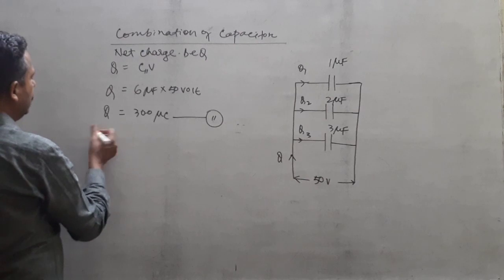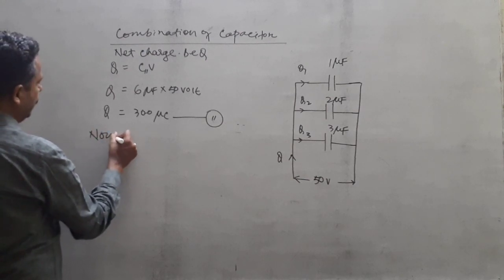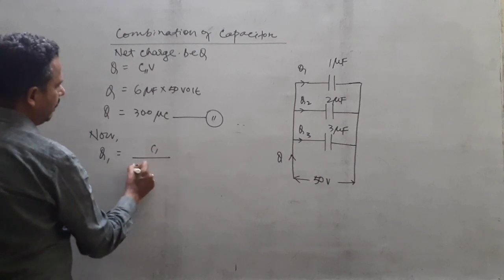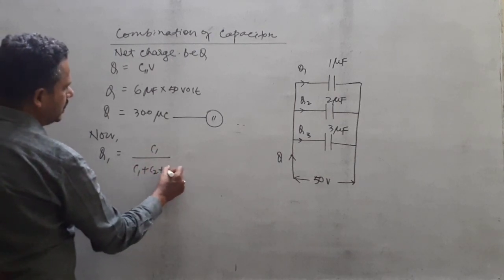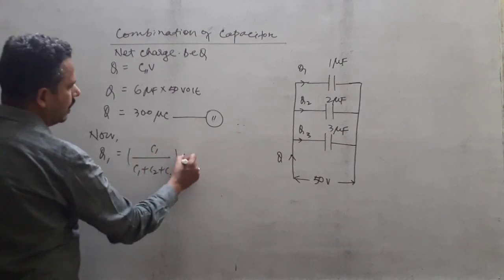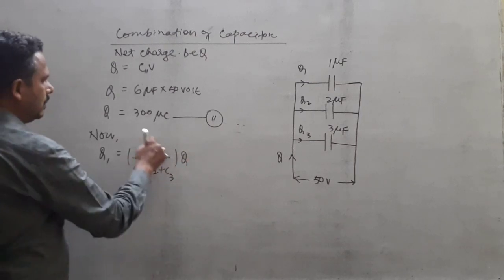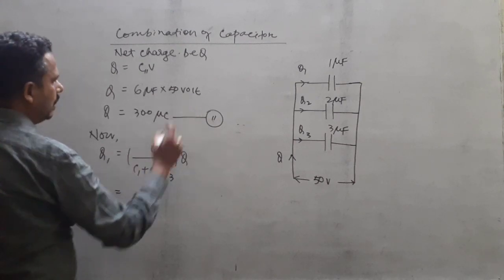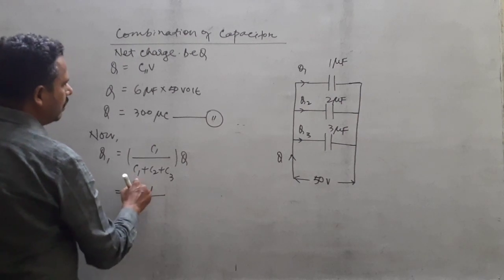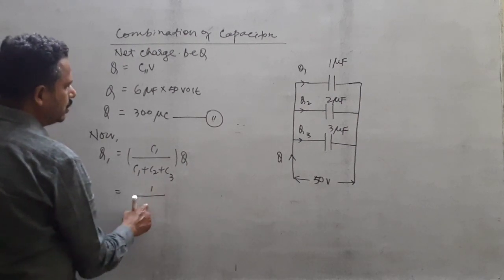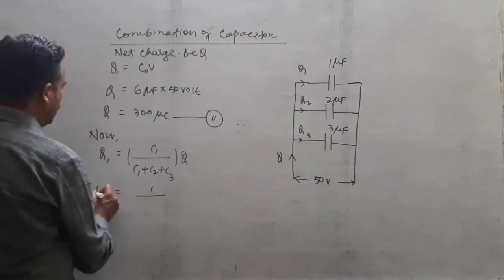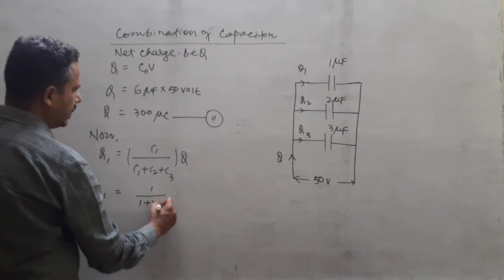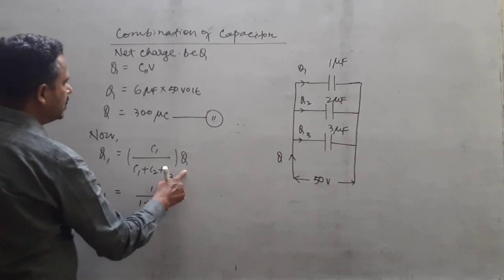So you take the second equation and then you find Q1. Q1 is equal to C1 divided by C1 plus C2 plus C3, and then multiplied by the net charge. So put the values. Your C1 is 1, so 1 divided by 1 plus 2 plus 3, multiplied by the net charge.